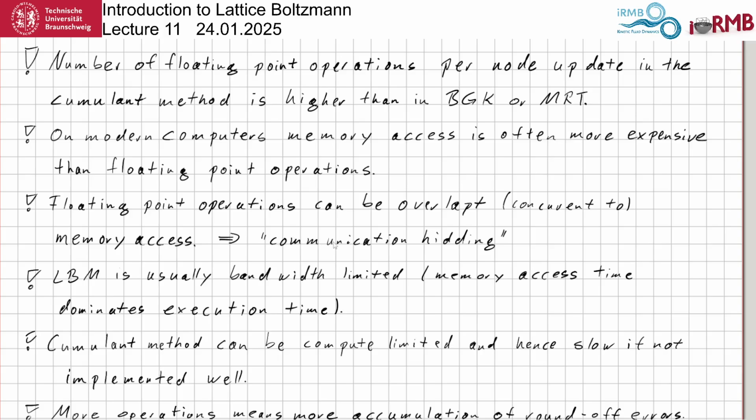This communication can be overlapped, and then we call this communication hiding. But also on the processor, when we use caches, this is called communication hiding. So LBM, as a general rule, is not always true, but in general, usually bandwidth limited.